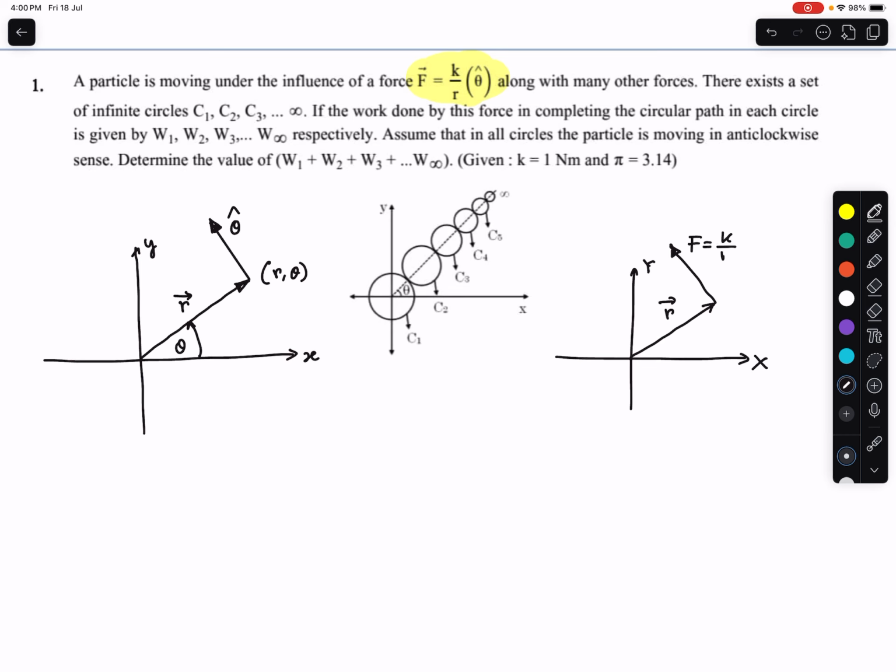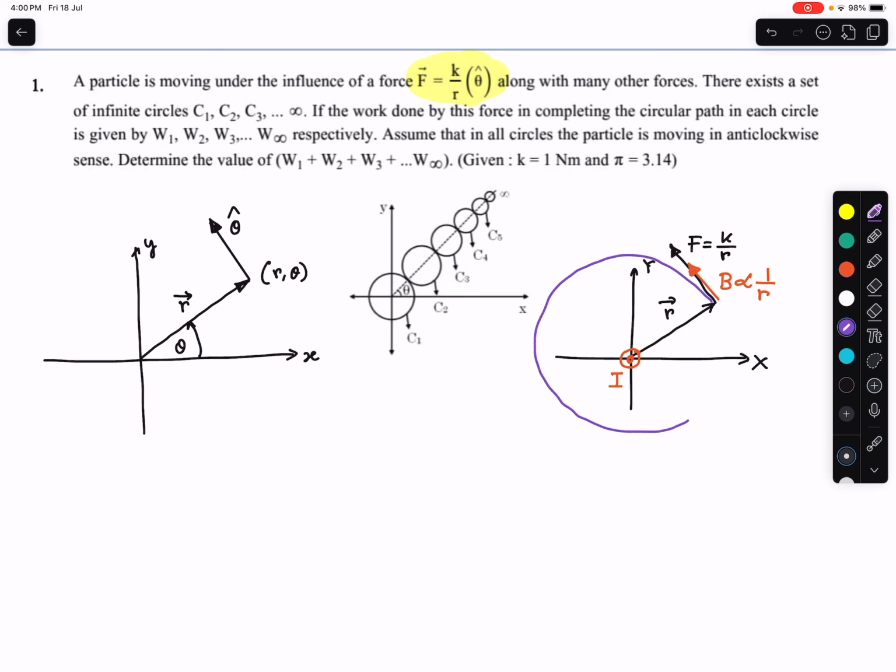Now it reminds us of, you have to equate in this way, it will make your job easy. If this is the current I, then this is the magnetic field B. So B is inversely proportional to 1 upon r. And then along this circle, what is the work done?